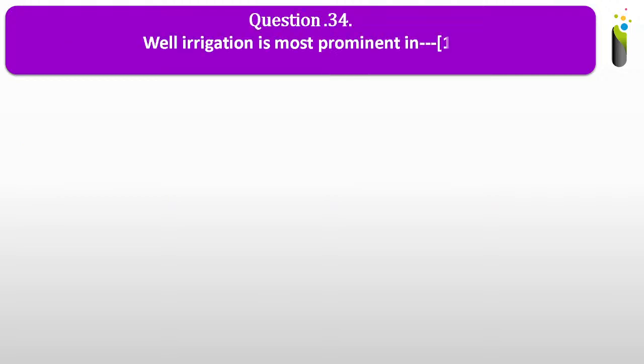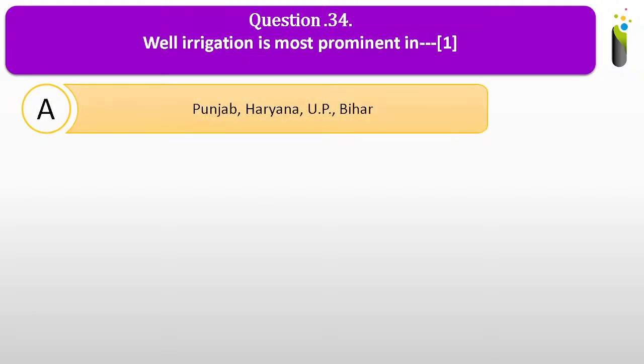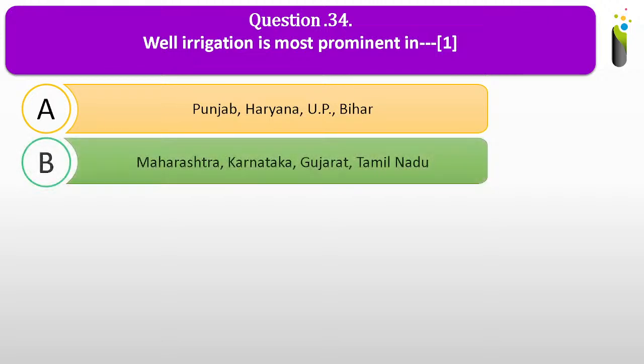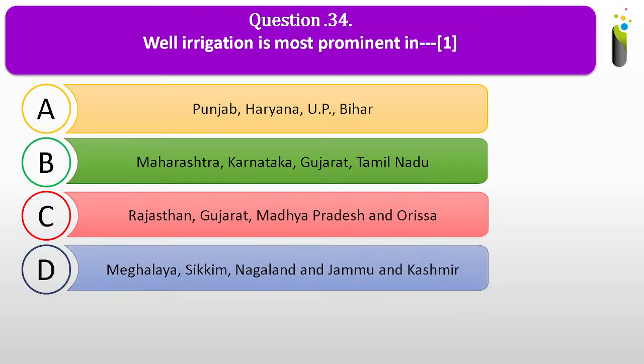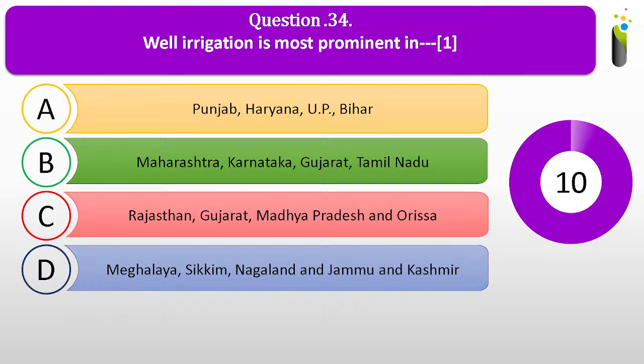Well irrigation is most prominent in dash. A. Punjab, Haryana, UP and Bihar. B. Maharashtra, Karnataka, Gujarat and Tamil Nadu. C. Rajasthan, Gujarat, Madhya Pradesh and Orissa. D. Meghalaya, Sikkim, Nagaland and Jammu and Kashmir.